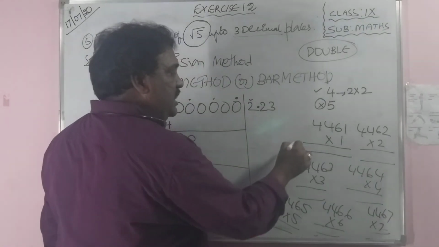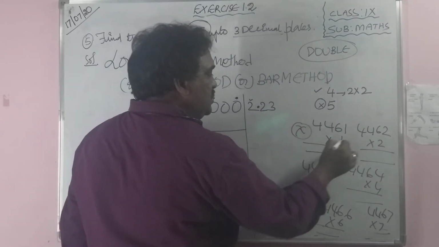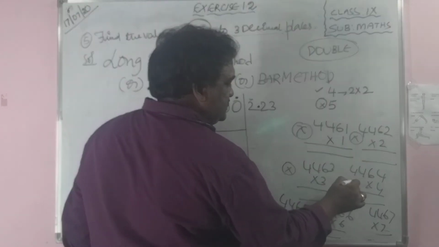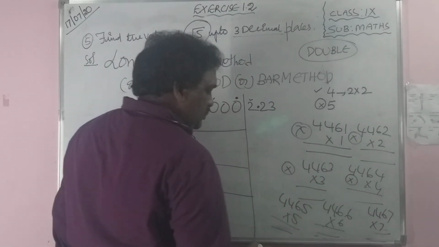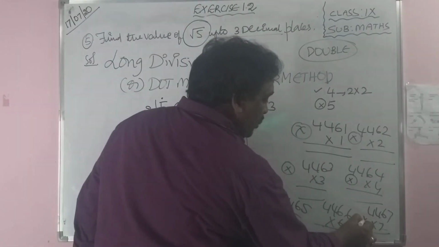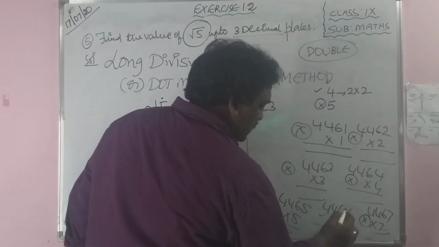Out of all, the first one is least, not okay. Second one not okay. Third one not okay. Do the multiplication, I left it for you. Fourth one not okay. Fifth one not okay. Last one becomes more, not okay. Only this one is okay.